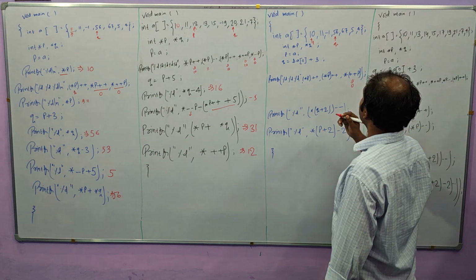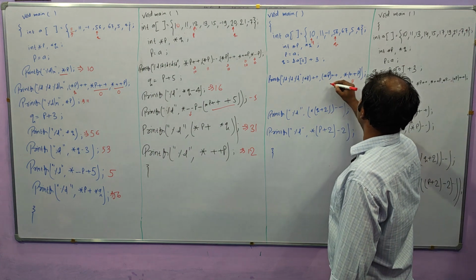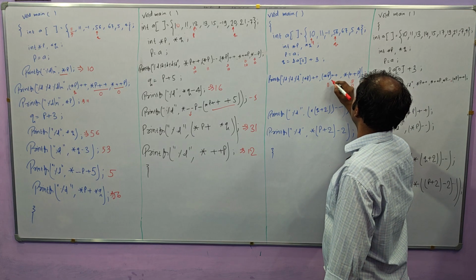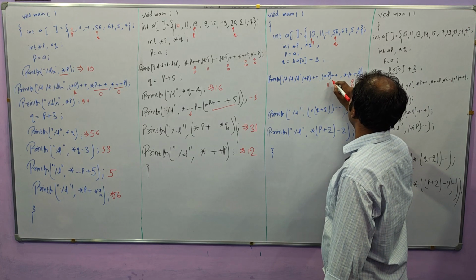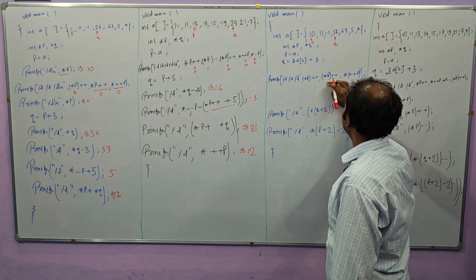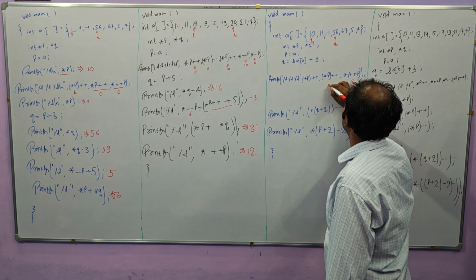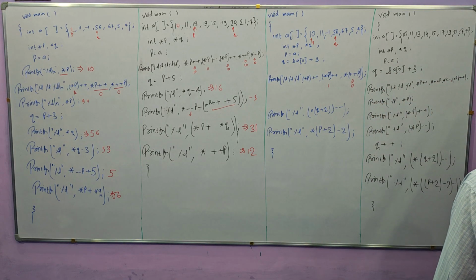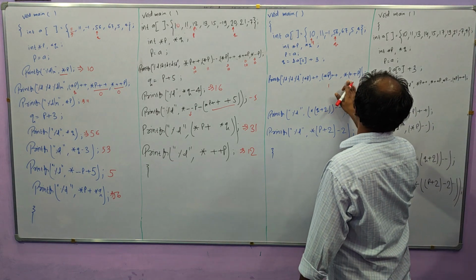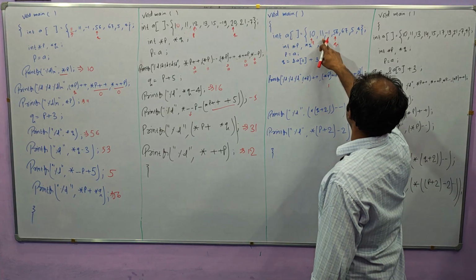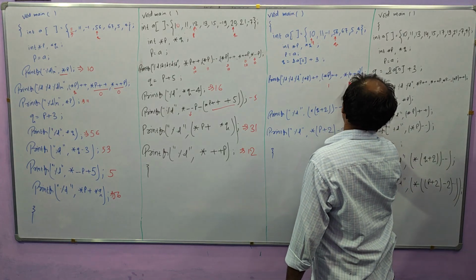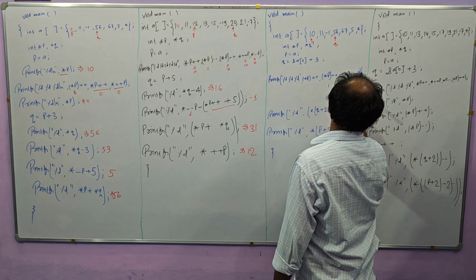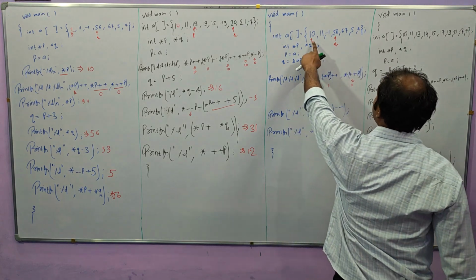It also gives 0 plus 1, that means it becomes 1. Then ++p, so we need to move this side, not minus, so it gives 11 and points to this.